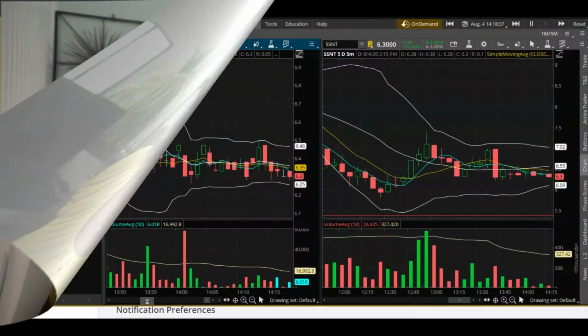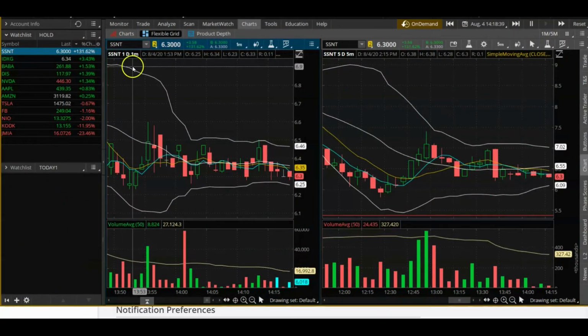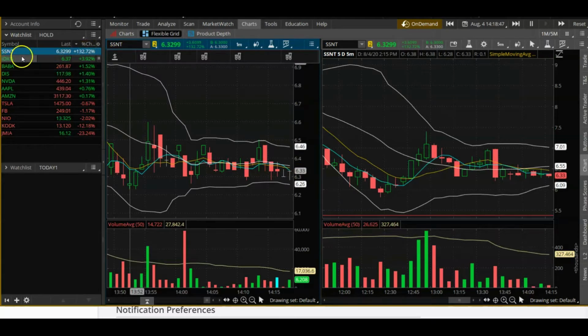So now let's get right into it. So I have this stock SSNT. I've had it on my watch list because of this high momentum. I use my scanner to find this, and I'm trading it because of the fact that it's had this massive move earlier today.